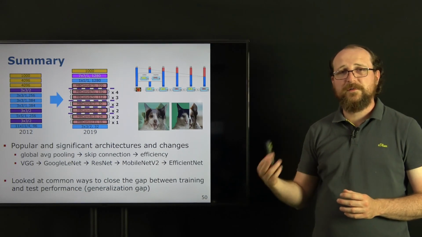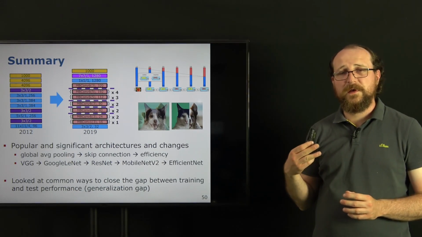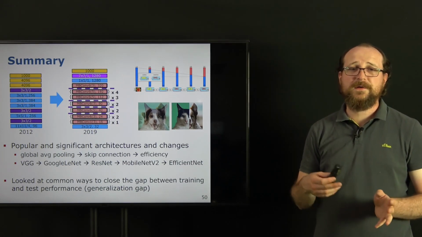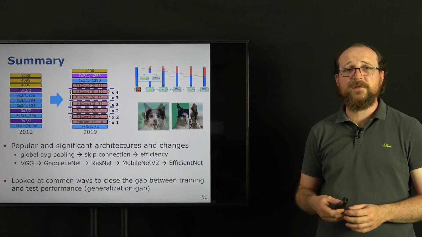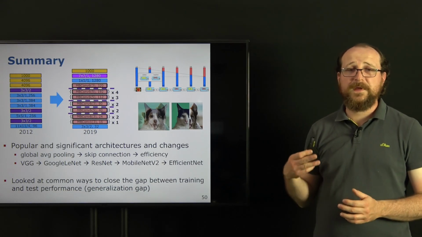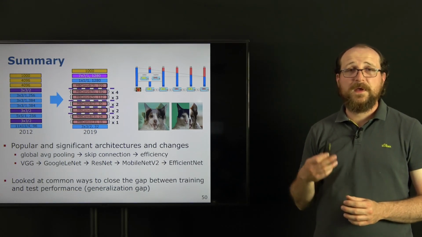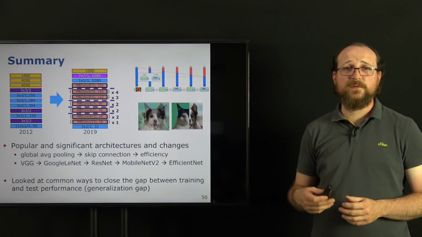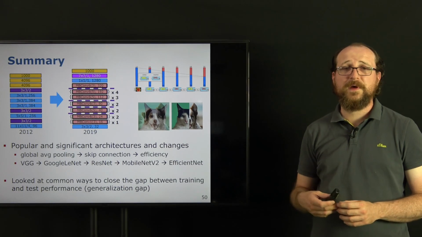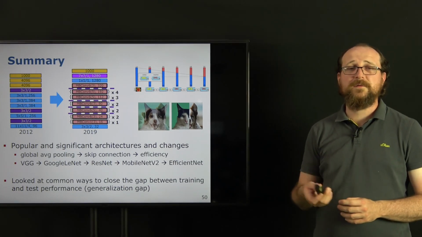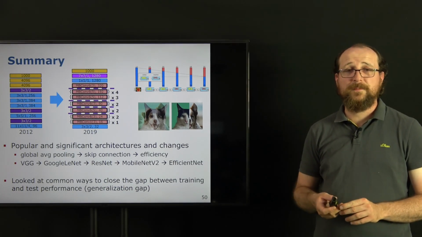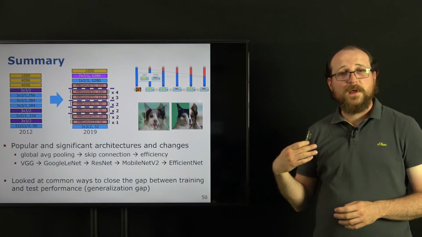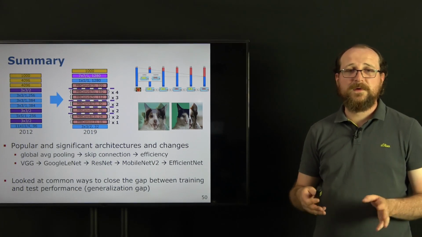We saw the evolution from using many fully connected layers, to using just global average pooling, then using skip connections, which is the thing that all architectures after that used in some way. MobileNet and EfficientNet also use skip connections, going in the direction of more efficient networks.